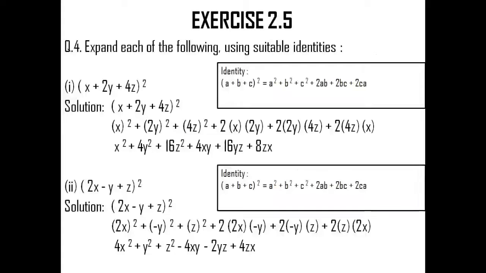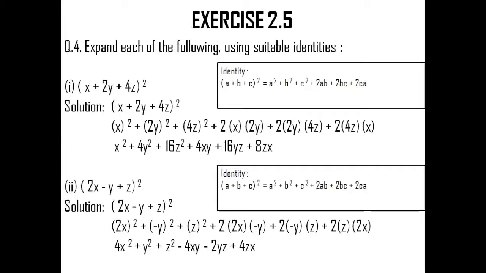So try to recall an identity which has got 3 terms and then it's a square outside the bracket. Yes, the identity is a plus b plus c the whole square, which is equal to a square plus b square plus c square plus 2ab plus 2bc plus 2ca.